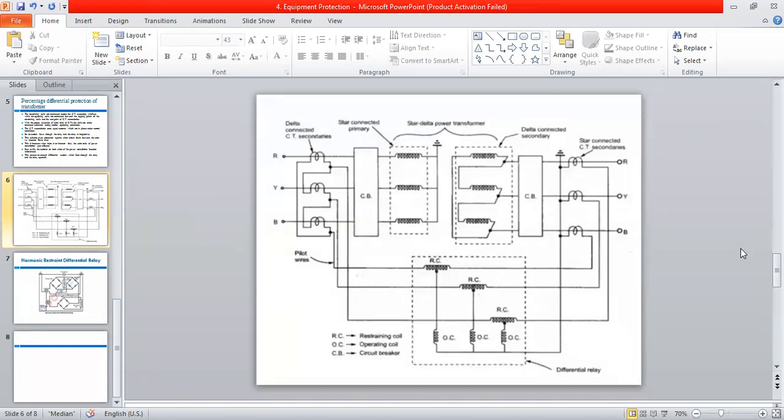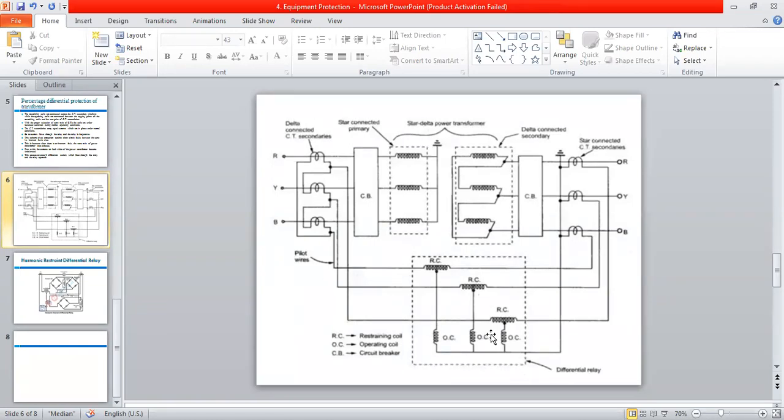When will the operating coil operate there? When the current flowing through that coil is more, at that time this operating coil operates the relay.